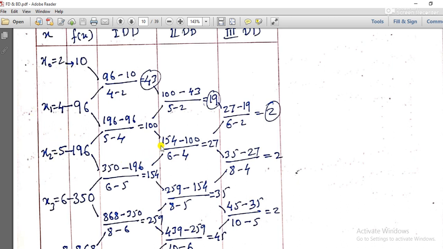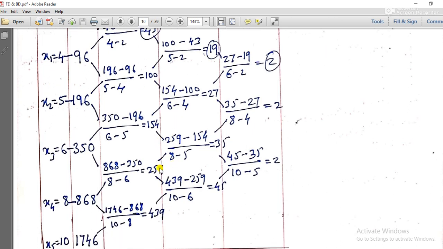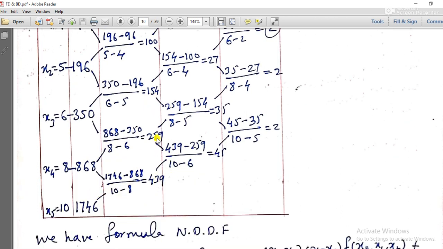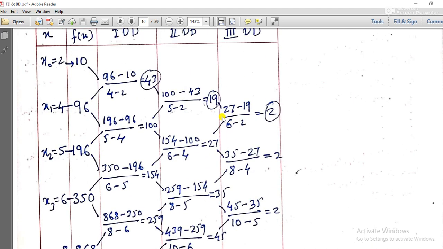Next is 154 minus 100 divided by 6 minus 4. Next is 259 minus 154 divided by 8 minus 5. Next is 439 minus 259 divided by 10 minus 6. These are the second divided differences.